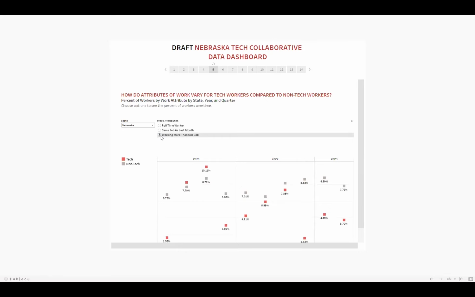Yes, our high school to college pipeline is awesome through internship, job placement, amazing. But we have a lot of opportunity for career changers as well when you look at the difference. So like non-tech, working more than one job, a greater percentage of those folks are in non-technical roles versus tech.